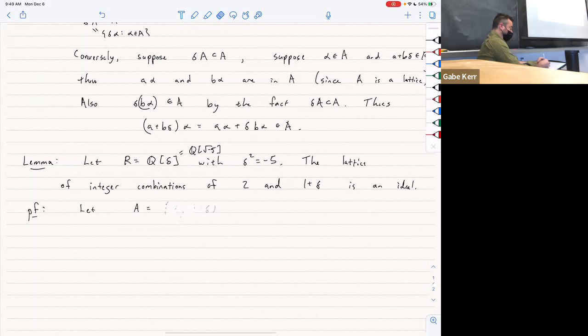So maybe I should write it the way I have here. I'll say 2a plus 1. This is certainly a lattice. These two things are linearly independent over the reals.